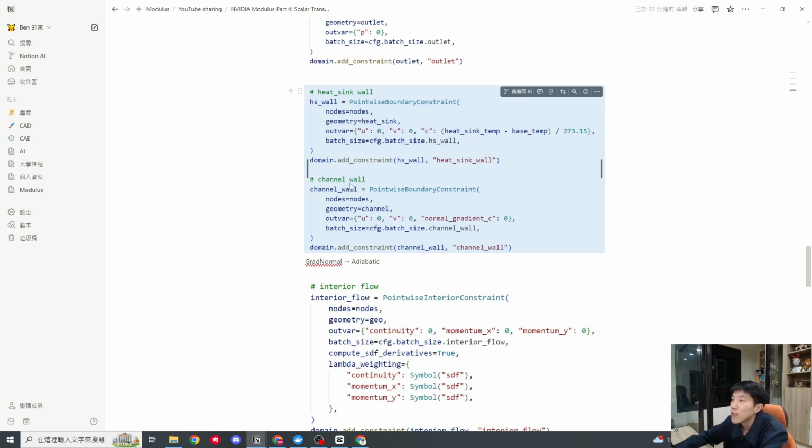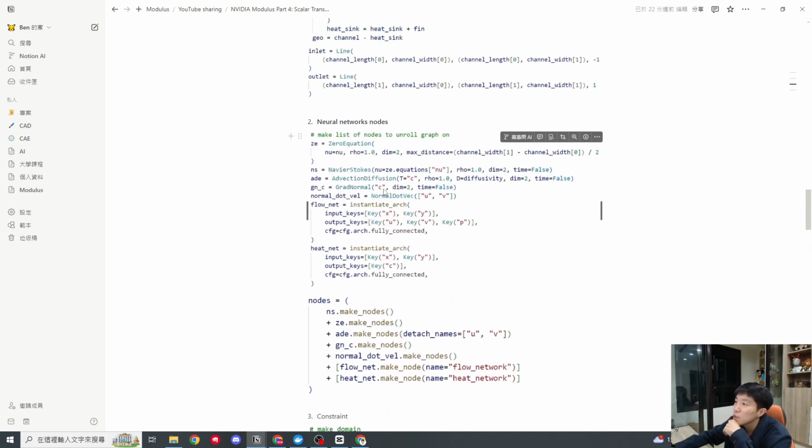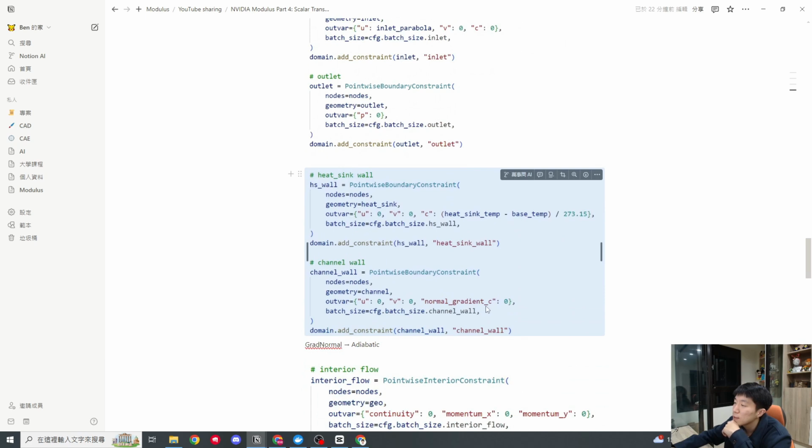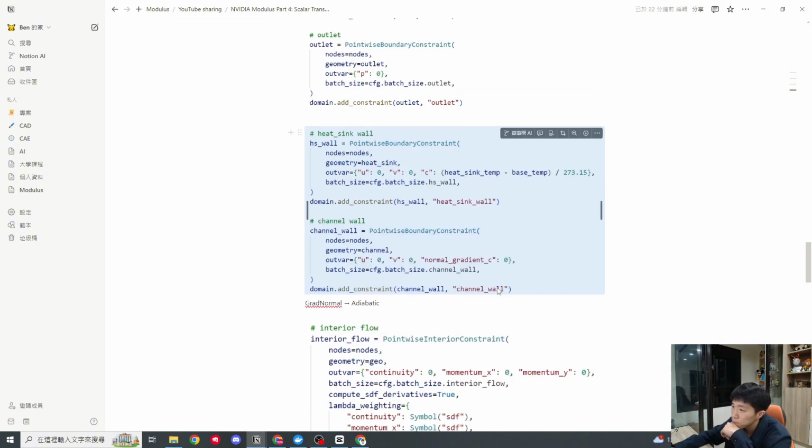And also in the channel wall, we have the boundary velocity to be 0, and the normal gradient C is set using this function. So the gradient temperature in the adiabatic wall is set to be 0, which means the partial t partial x and the partial t partial y should be equal to 0.